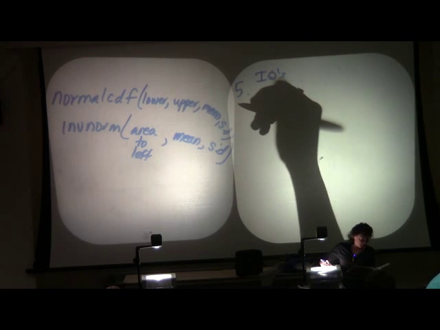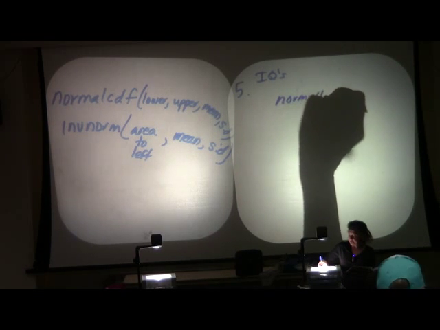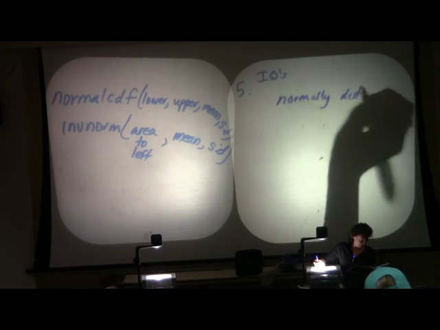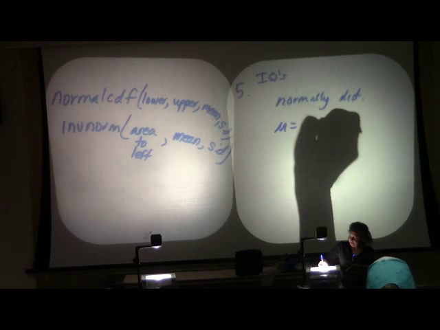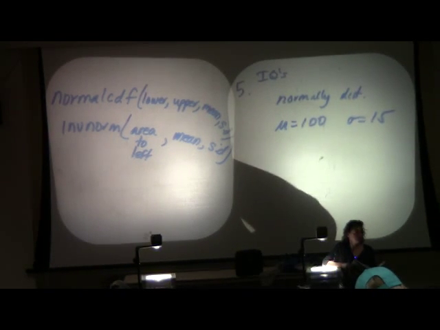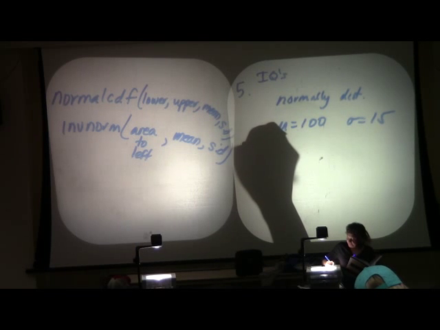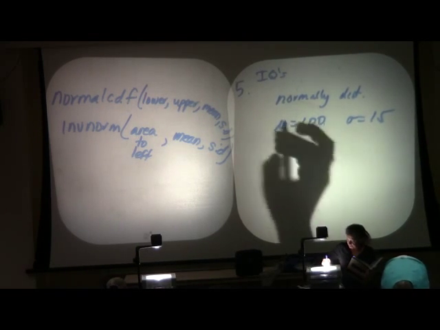The IQs of students at Wilson Elementary School were measured recently and found to be normally distributed, with a mean of 100 and a standard deviation of 15. So, I want to find a couple probabilities, and then I would like to do an inverse norm.